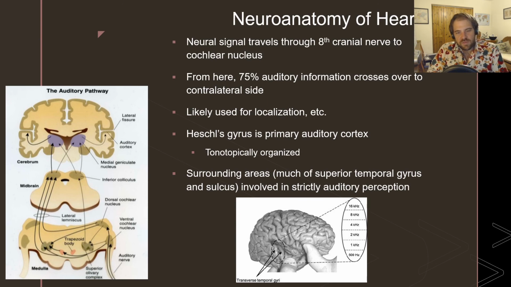But we do know that we have something called the right ear advantage for speech. Why do you think that might be? What side governs speech? Do you remember? In most people, it's usually the left side. So we know that 75% of auditory information crosses over, so the right ear is somehow better at listening to speech than the left ear.